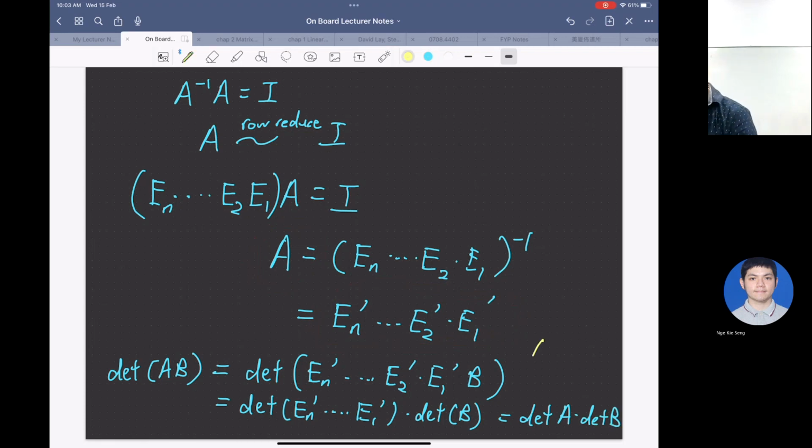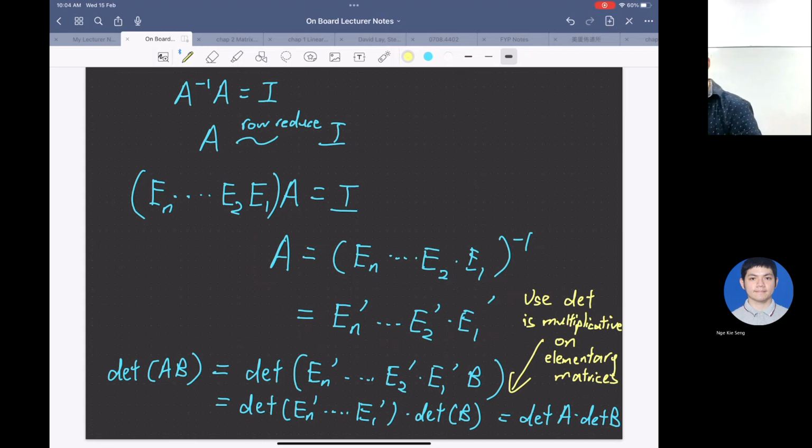So what do we use here? We actually use that the determinant is multiplicative on elementary matrices.